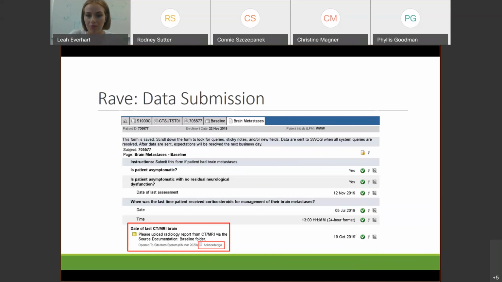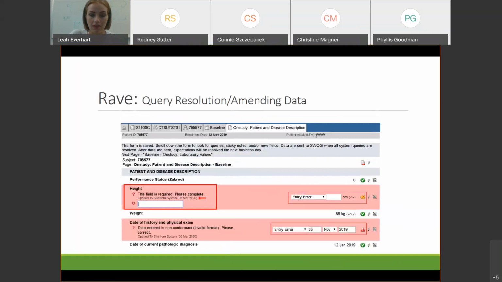And as you can see, the presence of the sticky note does not affect the green check marks that appear on the form. So the data has been entered correctly, but make sure you have entered the data correctly, and if it requests any additional documentation, that's completed before you acknowledge the sticky note. Next slide, please.